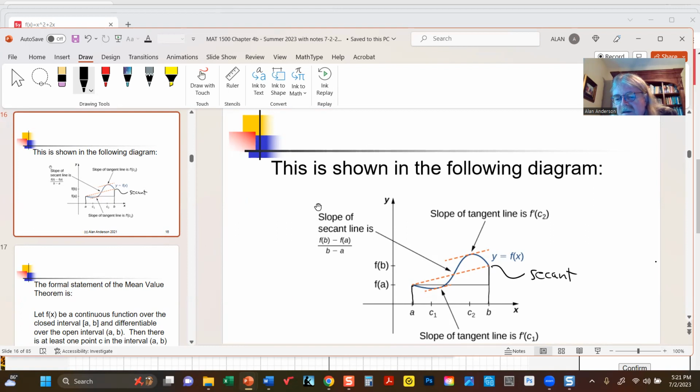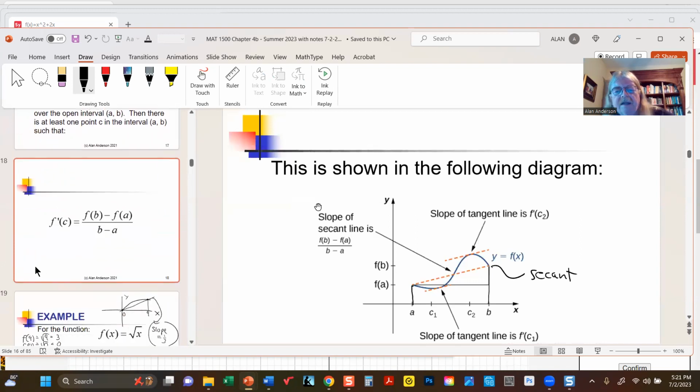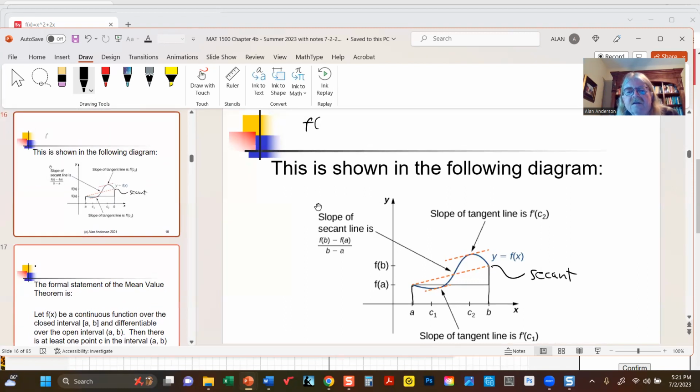We could find at least one point where the tangent line has the same slope as that secant line. So that's what it's telling us. And here's the slope of the secant line.